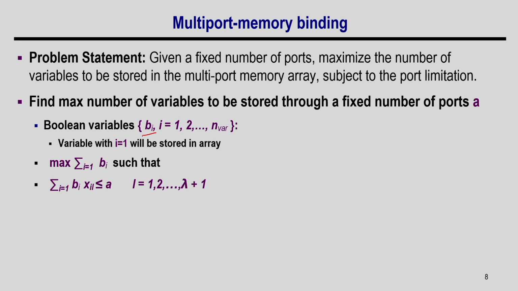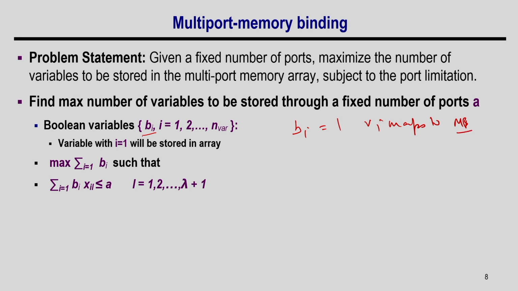Now, what is my objective? bi equals 1 if that particular variable vi maps to the memory bank. I am actually solving for one bank only: how many of the variables can be stored in the memory bank. I am not solving the complete problem, I just try to find the number of variables that can be mapped to a single memory bank.